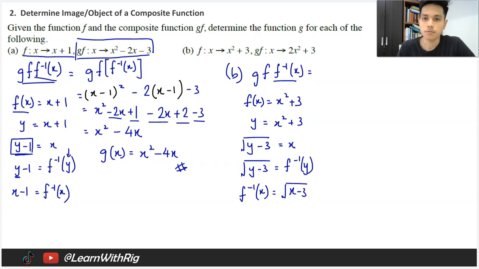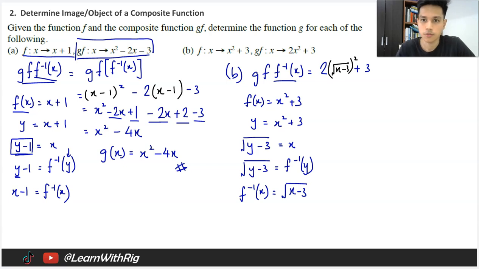Now you already found your f inverse, so you're going to substitute into gf. So gf is 2x squared plus 3, but x is no longer x, it's actually the square root of (x minus 3), squared.